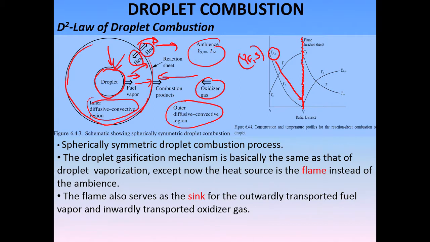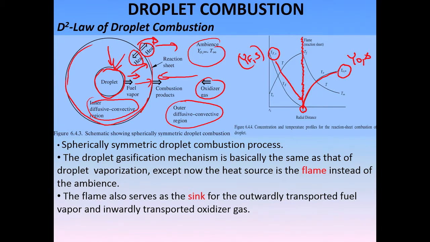As you go towards the flame front, this fuel vapor concentration slowly decreases, because it becomes equal to 0 there, the fuel vapor being completely consumed by the flame front. A similar thing happens for the oxidizer. At the far field, the oxidizer has some concentration, Y0 infinity. The oxidizer concentration also comes down and gets depleted at the flame front. So at the flame front, both the oxidizer and the fuel get consumed.